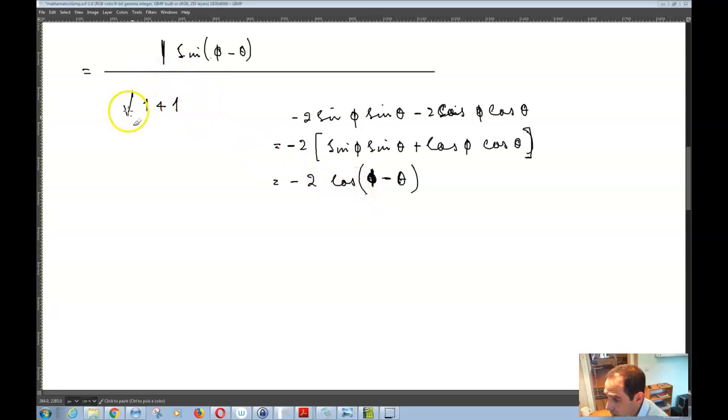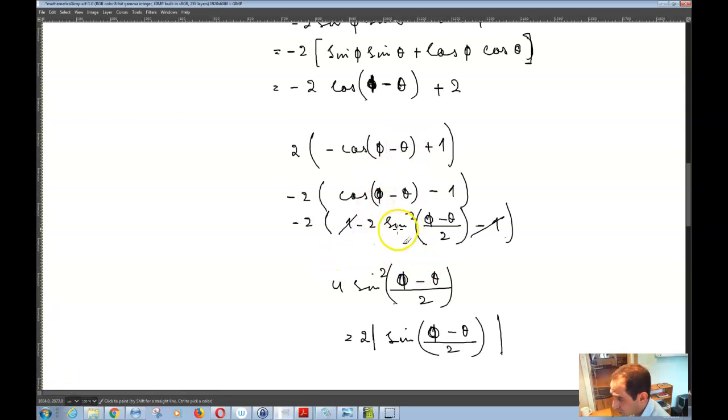Over here there is a 2 as well, so you have negative 2 cos phi minus theta plus 2. You can take the 2 out, or you can take a negative 2 out. This part is a little bit tricky, but I will explain it to you. You will of course understand it.